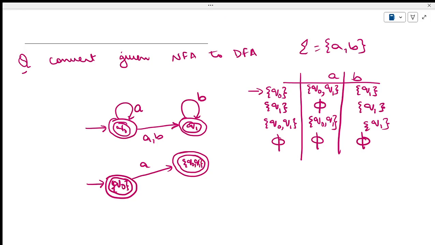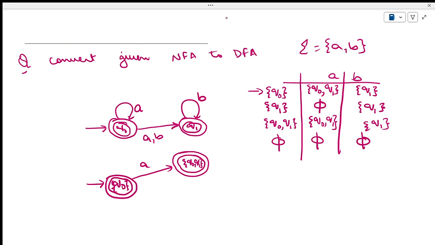Since Q0 was the final state in the main diagram and the Q0 element is there in this subset, I'll make this an accepting state. In the earlier NFA diagram, Q1 also was accepting. So whenever at least one element in the subset is an accepting state in the NFA diagram, we have to make it a final state or accepting state.